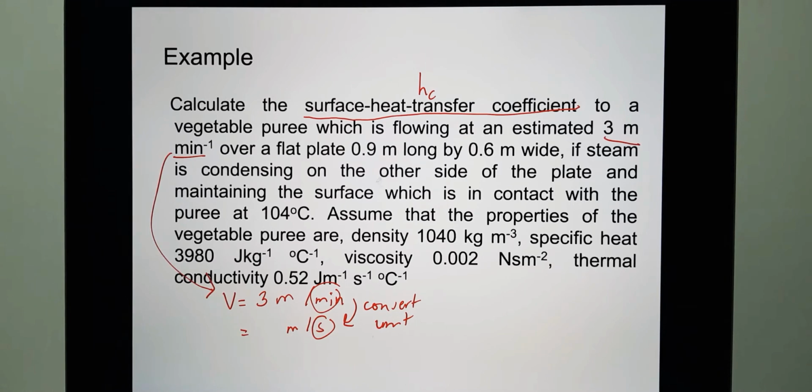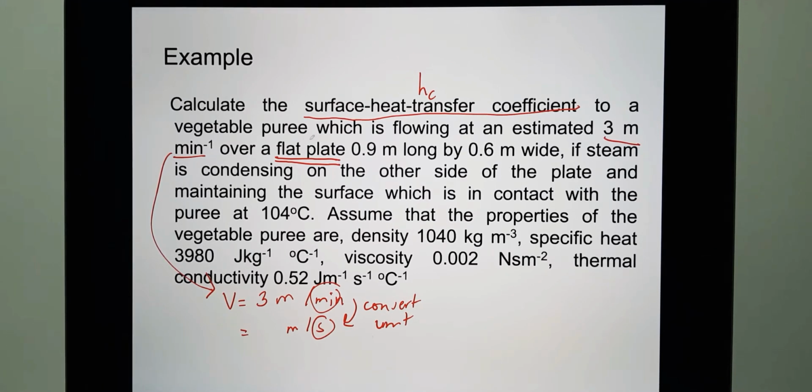Okay, so when the question is given to you, you need to pay attention to the units, the values, and all the parameters that have been given. The fluid is flowing at 3 meter per minute over a flat plate. So this one is a flat plate, this is not going to be tubing.